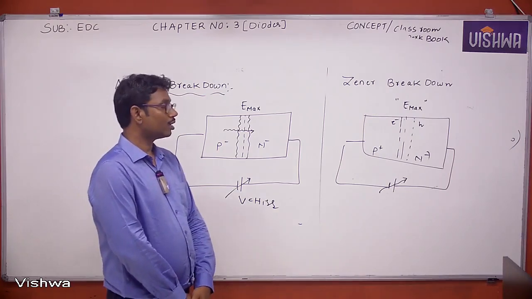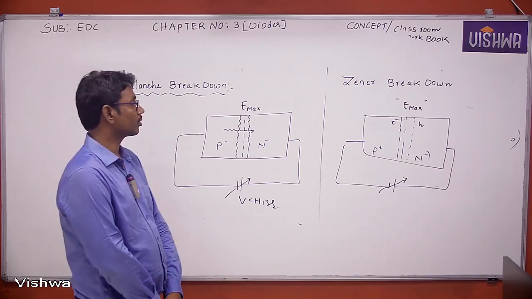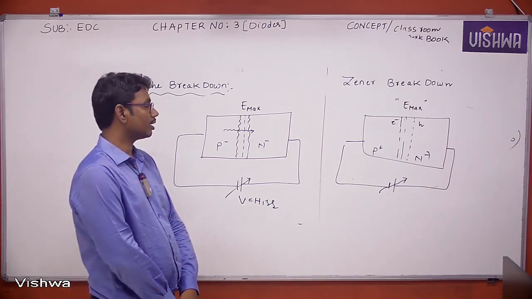Due to electron hole pairs, current suddenly increases.